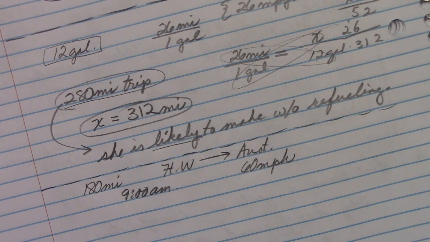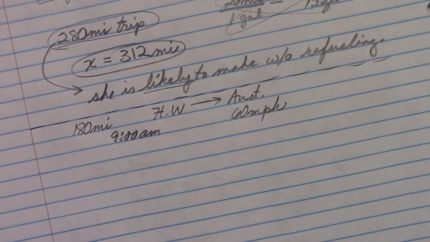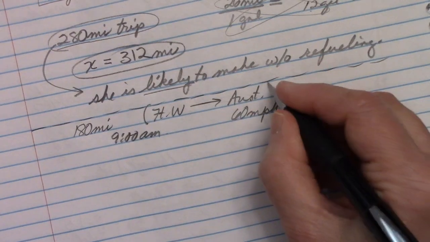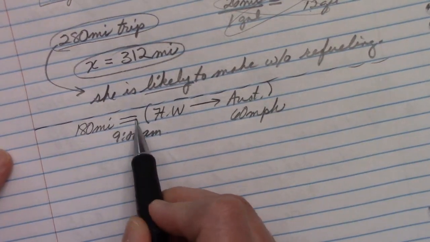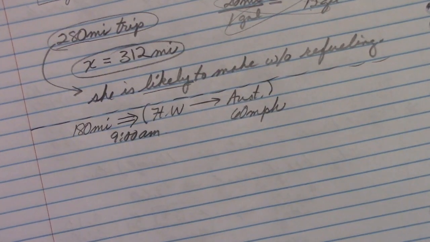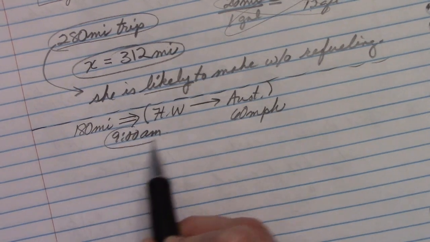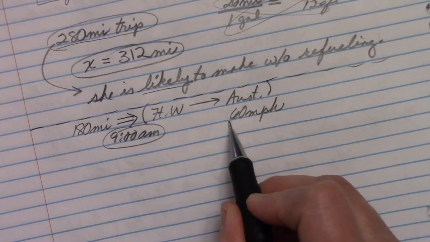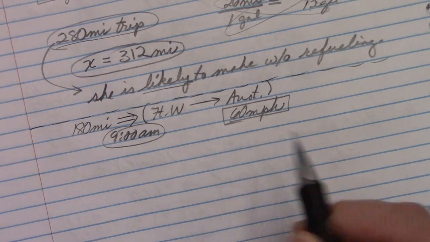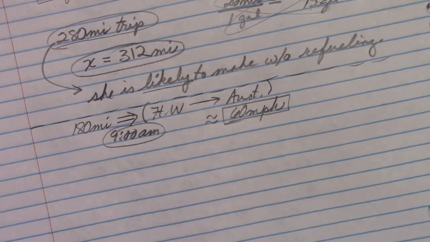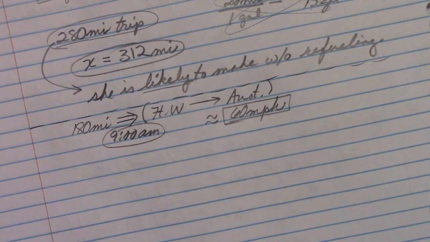Oh, this is going to be kind of an interesting thing. Do you see how important it is to write down all of the given? She's taking a trip from Fort Worth to Austin that is 180 miles in one stretch. If she starts at 9 o'clock in the morning and goes 60 miles per hour, and that would be an average of 60 miles per hour, because you know good and well traffic and stoplights and other things are going to keep her from going that much more.